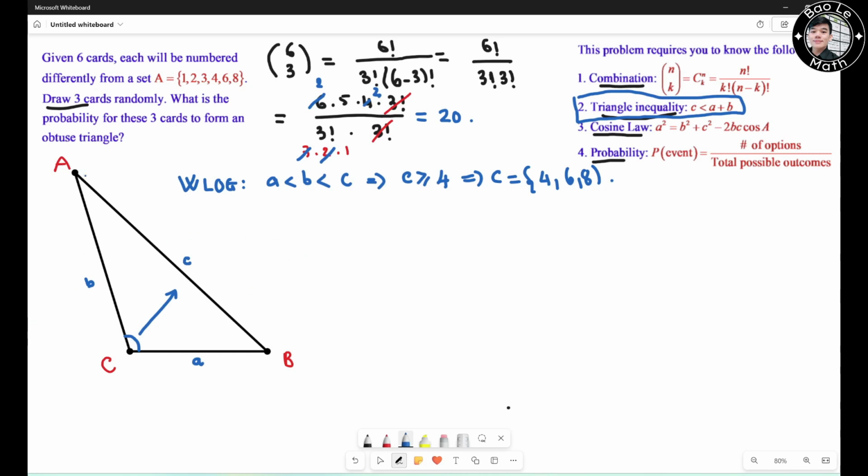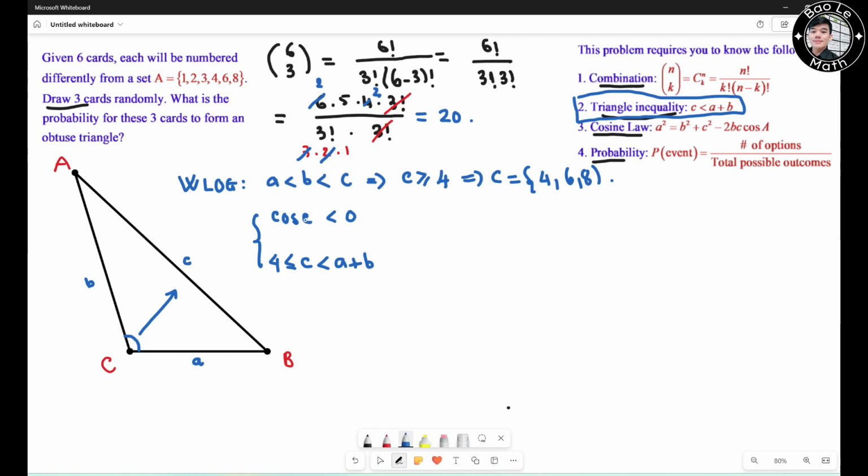Now, next one. In order for the triangle ABC to be an obtuse triangle, we must have cosine C less than 0, and 4 less than or equal to c less than a plus b.